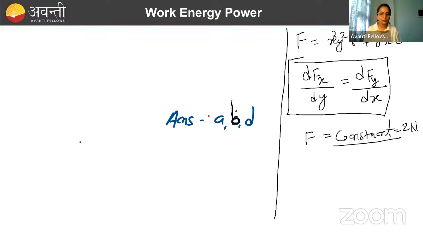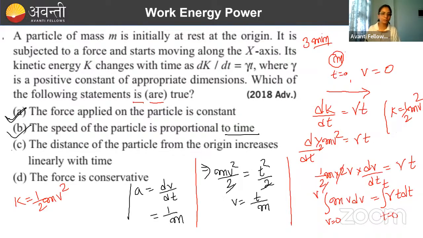So whatever constant force you encounter, if the question asks whether it is conservative or non-conservative, we can say it is conservative. Done. So in the question, we have a constant force, and that constant force is conservative. Now let's check C, the distance of the particle.